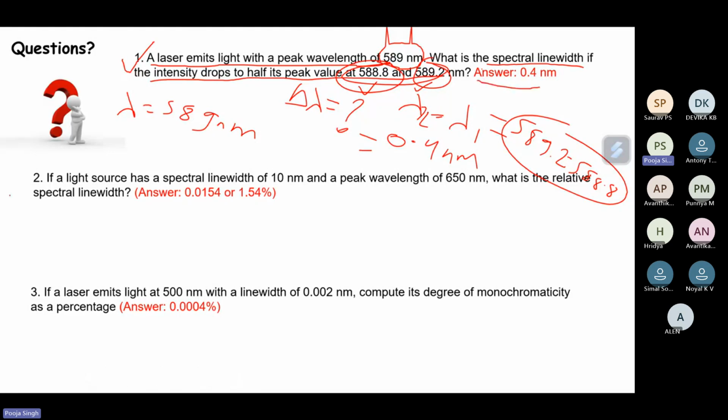Okay. So can you solve the next question, the second question? Just try it. I will give 2 minutes of time. Anyone can solve and tell me the answer also. How did you solve? At least please be interactive in the class. Don't worry whether it will be wrong or right.